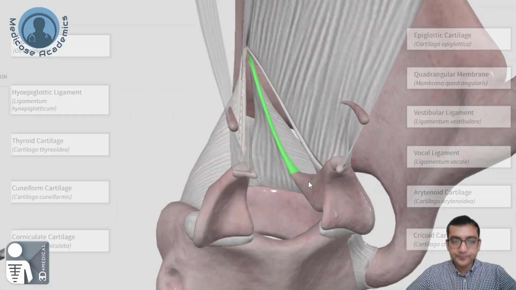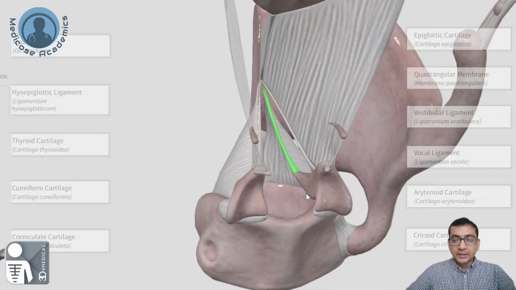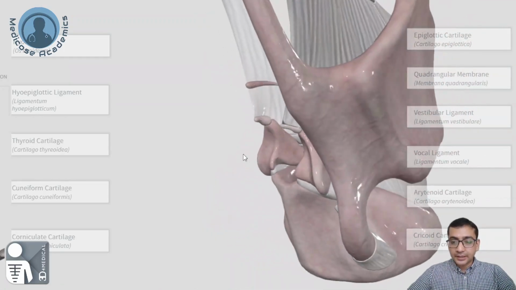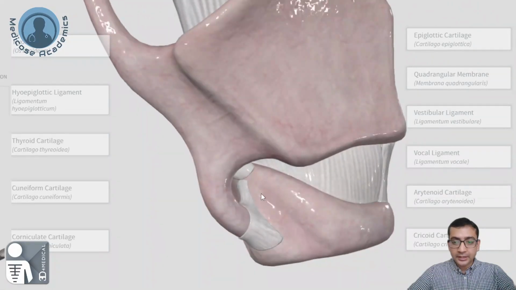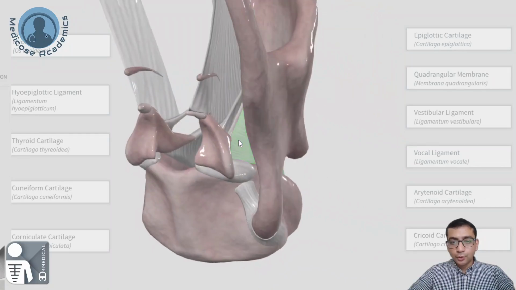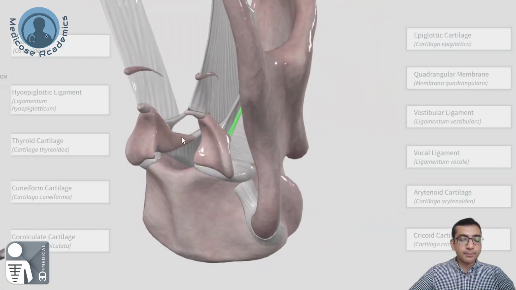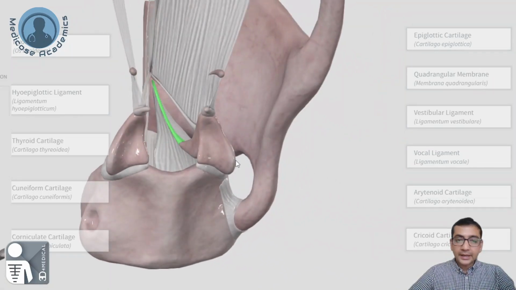So the part of the cricothyroid membrane that is lateral is running from the cricoid cartilage below to the vocal cords above. So it is known as cricovocal membrane.